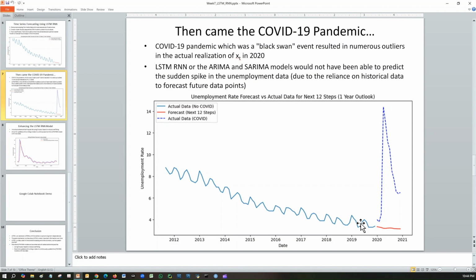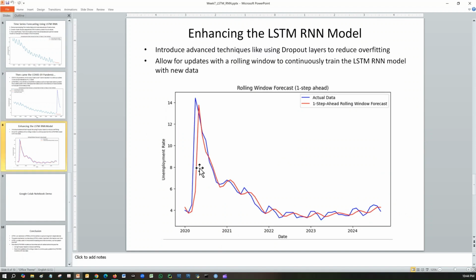But a question we can ask ourselves is, if we use the LSTM model, is there a way that we can better capture the evolution in time of the actual data set? One way to do that is to retrain and do forecasting just for one time step ahead as each new data point comes in. It's my bad that I didn't include the training data in this chart.